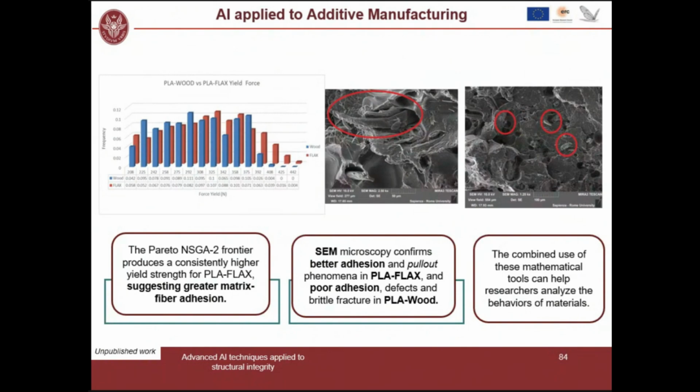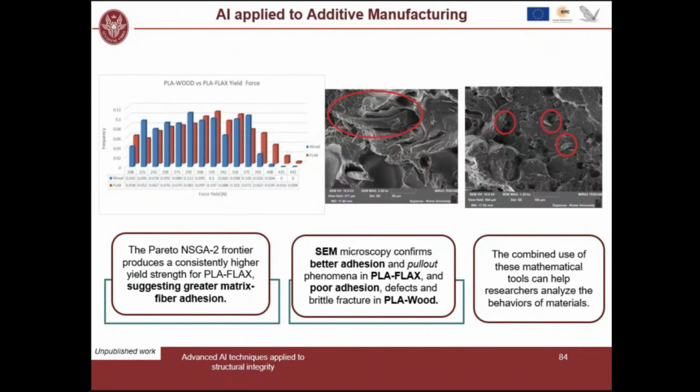And in composite materials, the yield stress is a proxy value for the interface strength between matrix and reinforcement. So basically, the model and the genetic algorithm were finding that PLA with wood wasn't having any interface between matrix and fiber, and it was finding that just by looking at the data.